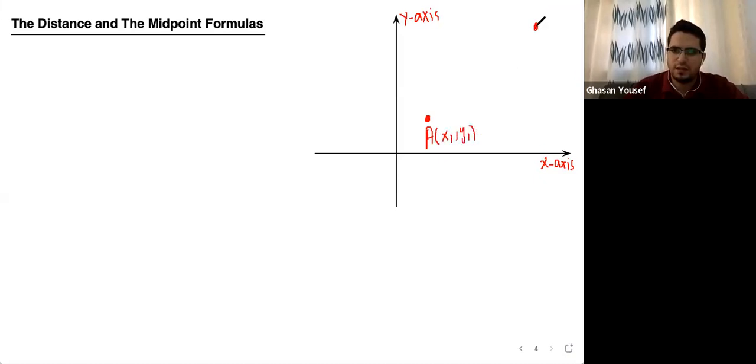The second one is B, with coordinates (x2, y2). Okay, so we need the distance between these 2 points, which looks like this.